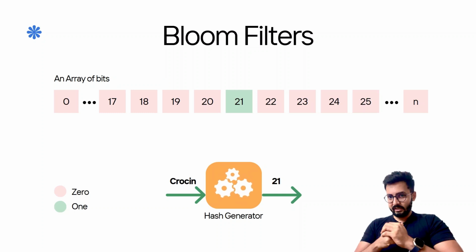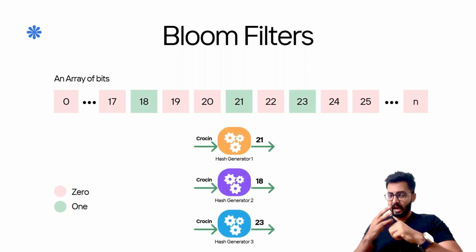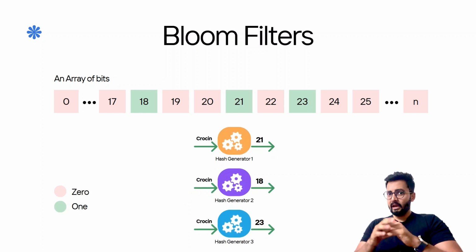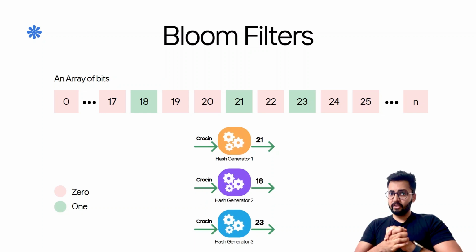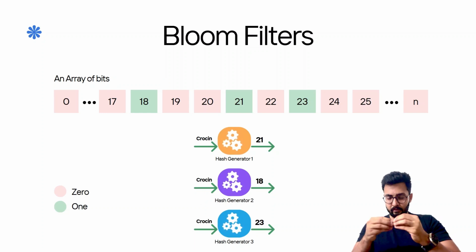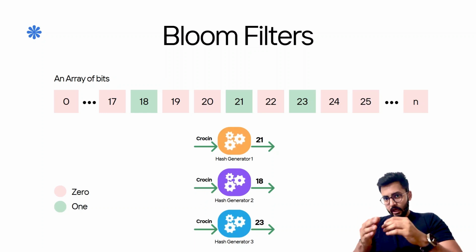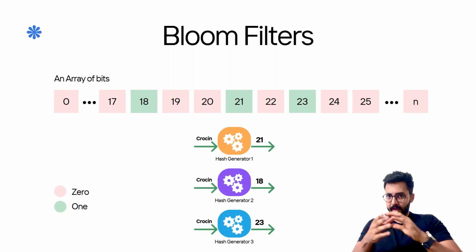What we can do is use multiple hash generators. Let's say we have three hash generators, each producing different hash values. Let's take the same medicine example, Crocin. While getting stored, it gives three different hash values, 21, 18, 23, which will turn on all these three indexes of the array.